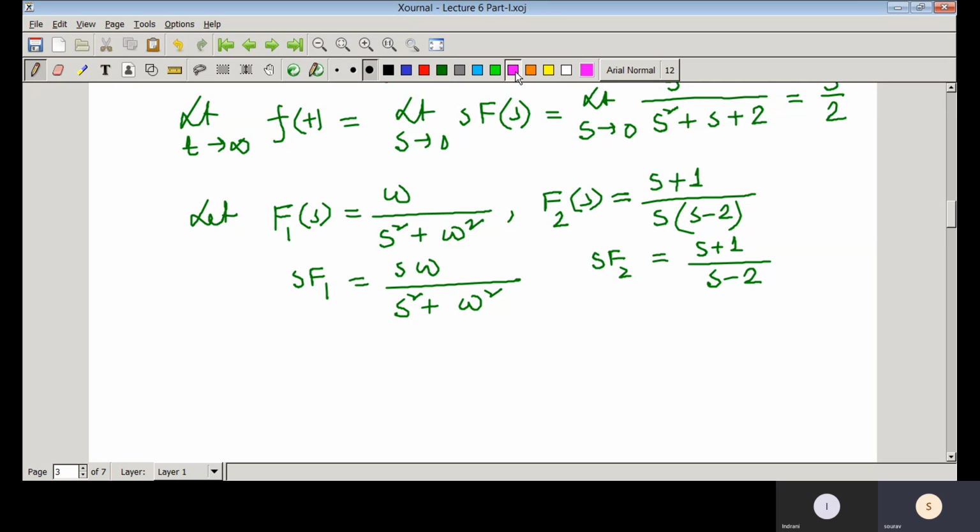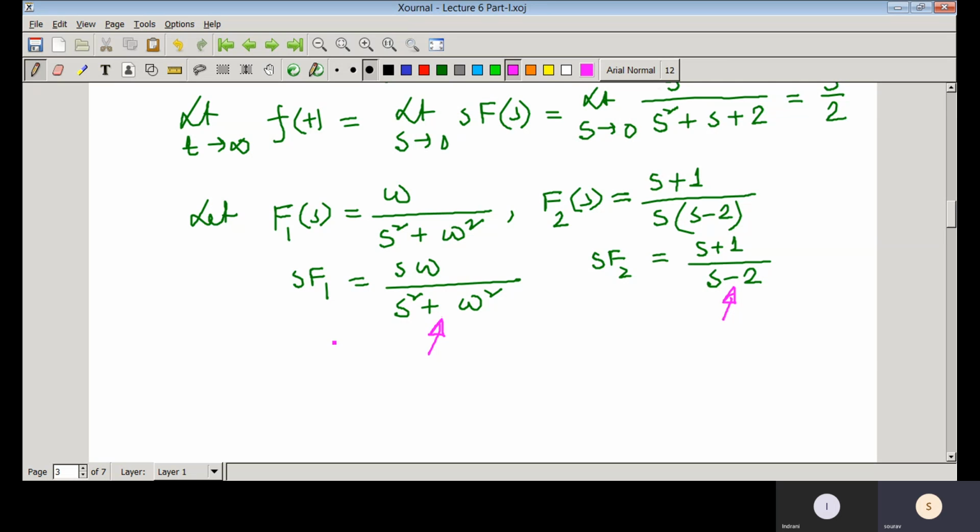You can see that this function has two poles on the imaginary axis, plus minus j omega, and here it has a pole at 2. That means this pole lies in the right half of the s plane.